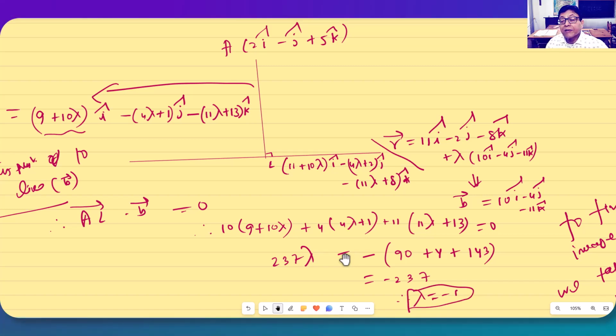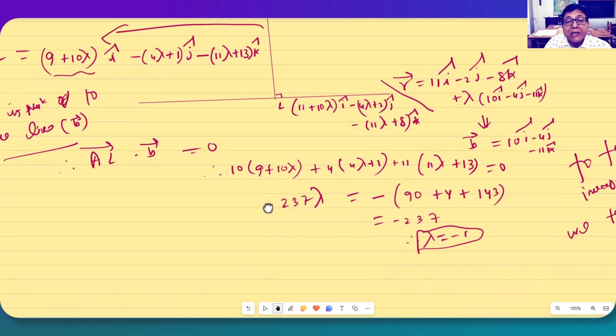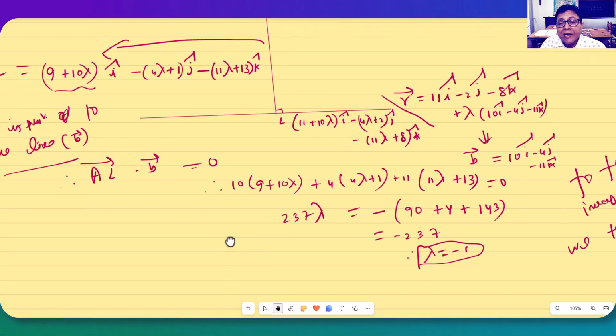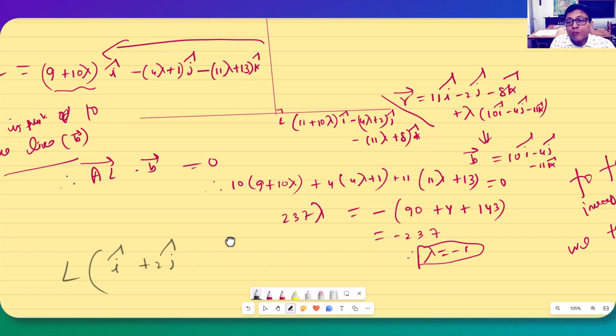Once you get the value of lambda, then L is found out. L is going to be what? That point L can be written over there. With lambda minus 1 you put, that is i minus 4 plus 2, minus 2, this is plus 2j, and minus 11 plus 8, minus 3, plus 3k.